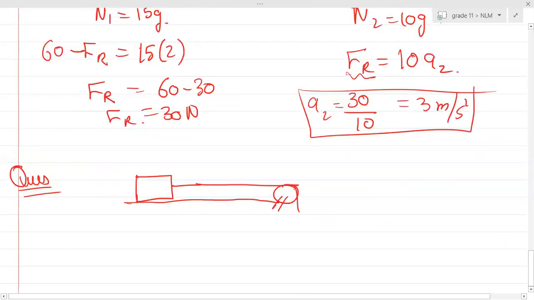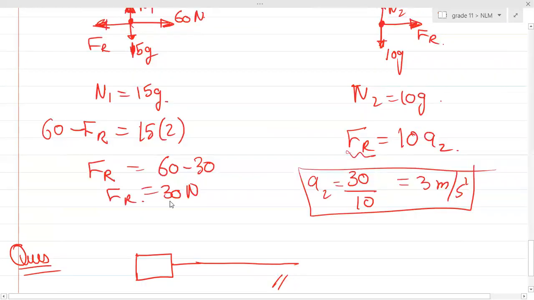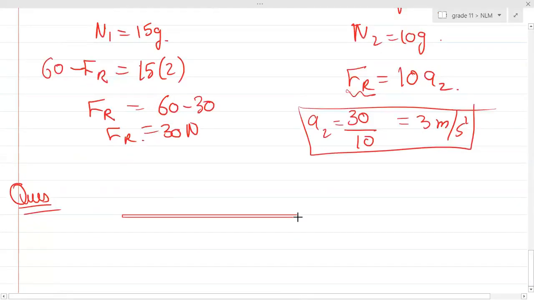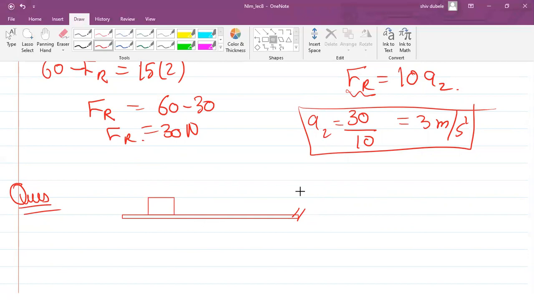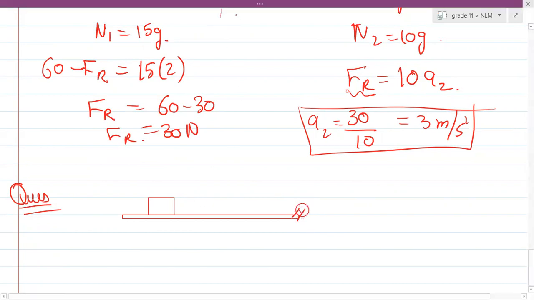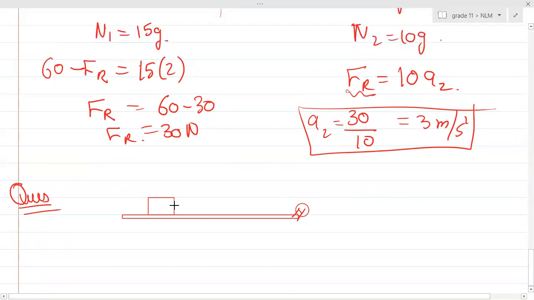So suppose there is one block over here which is placed on a... Can you see, guys? A perfect diagram looks like this.